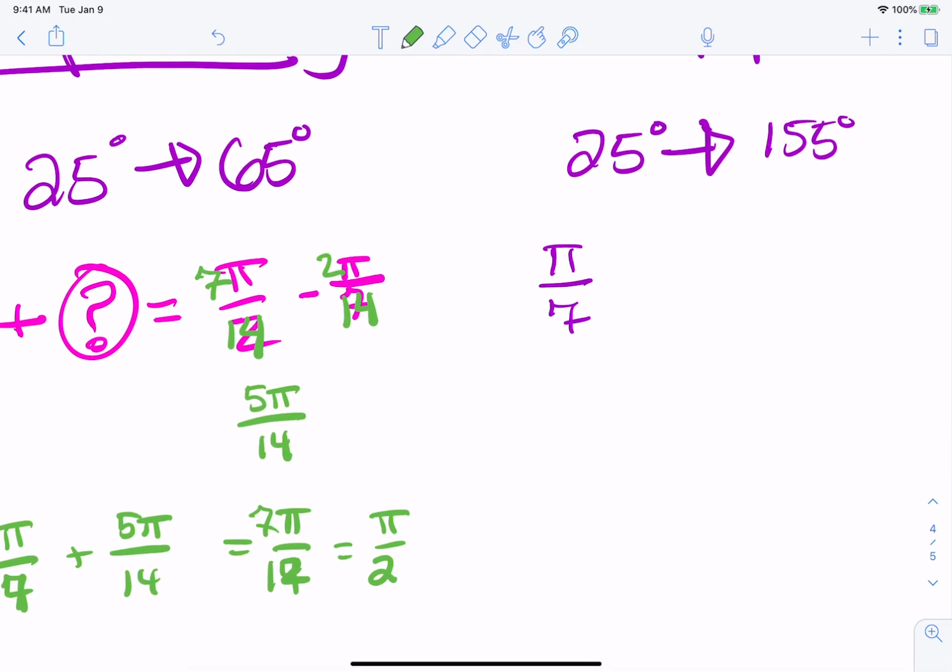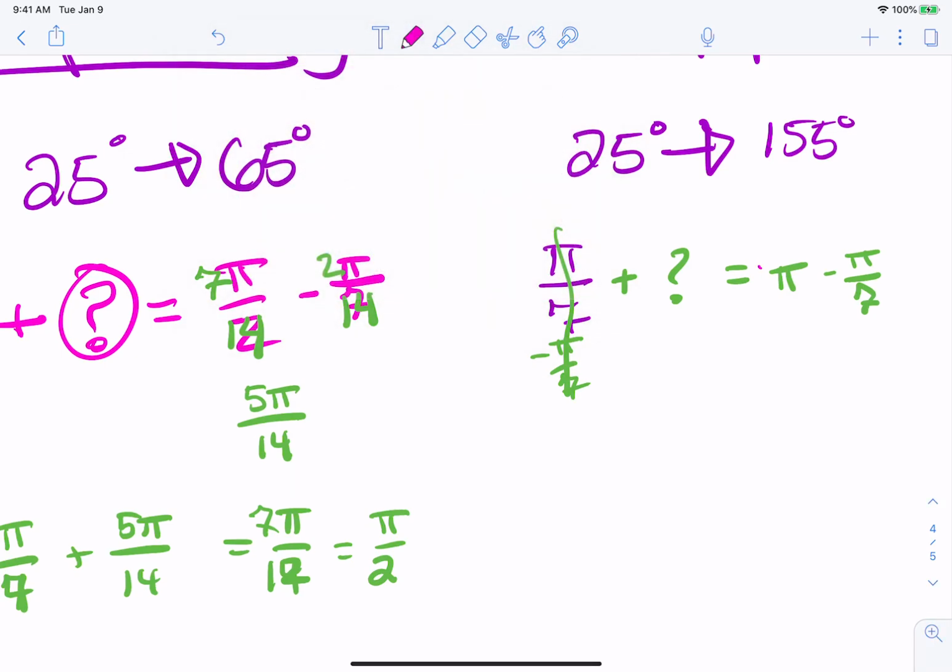Now, same thing here. Pi over 7 plus something has to add up to be what? Pi, for supplementary. So I'm going to subtract pi over 7. I need pi minus pi over 7.